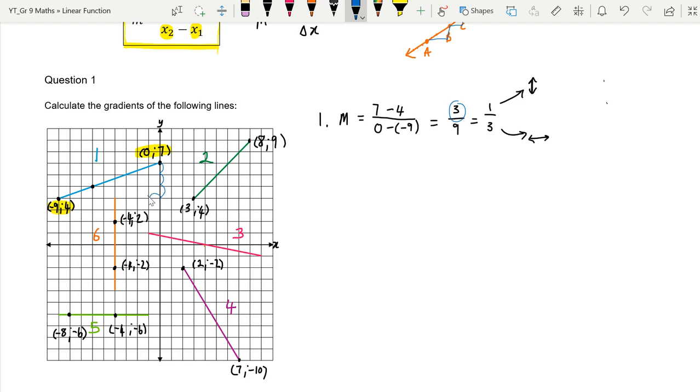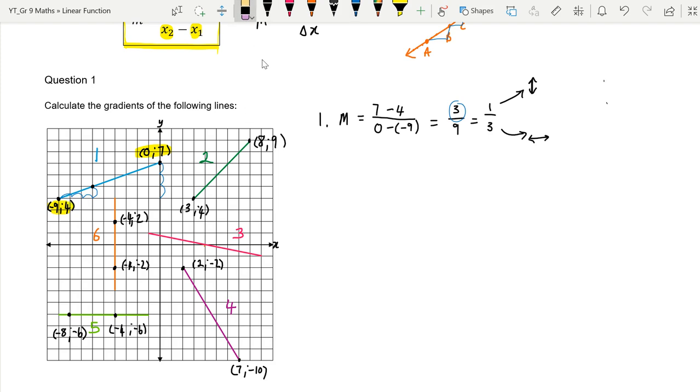I move 1, 2, 3, 4, 5, 6, 7, 8, 9 units horizontally. I've got that it's 1 over 3. So where does that come from? Well, it's just in its most simplified form. So my change in y, if I move 1 down there, I will move 1, 2, 3 to the side.